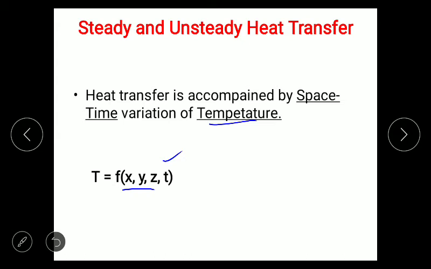If it is cylindrical coordinates, temperature is a function of r, phi and z. If the body is in spherical coordinates, then the temperature is a function of r, theta and phi, along with time t. Right? Temperature is a function of the space variables and the time t.